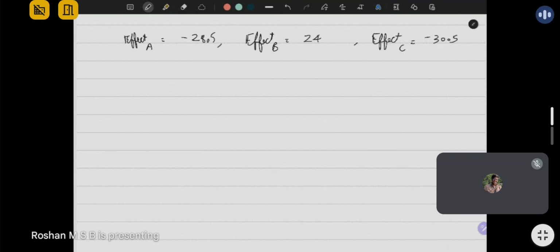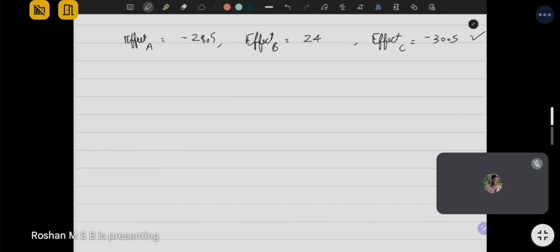Is everyone else getting the same solution? Minus 28.5, 24, and minus 30.5. Yes, it is correct.